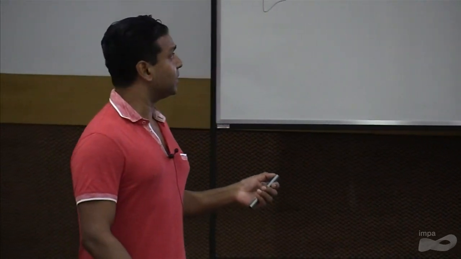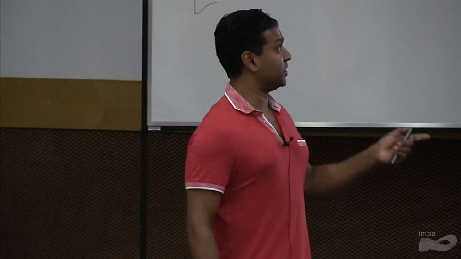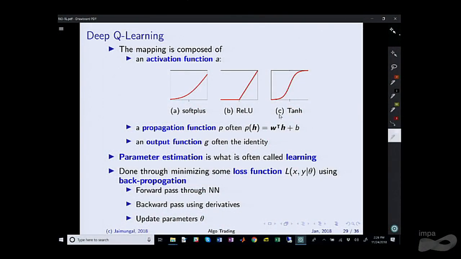How? Let's see. The mapping is composed of what's called an activation function. Softplus is one example. This is just log of 1 plus e to the x. Okay. ReLU is like a call option at 0. Right, a call option struck at 0.